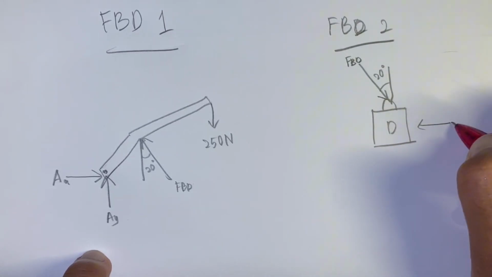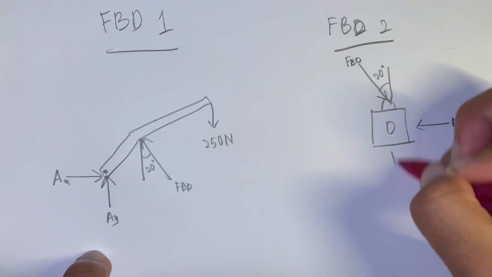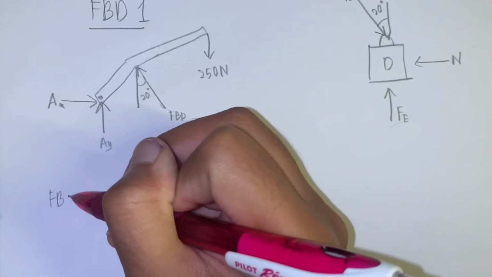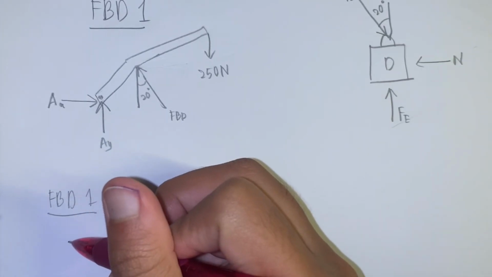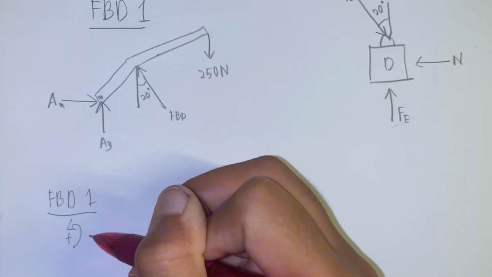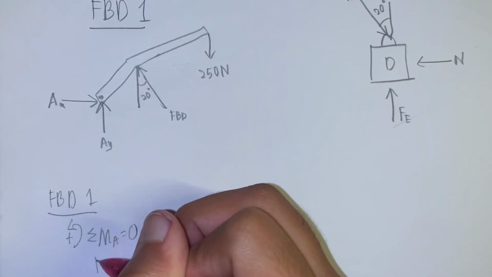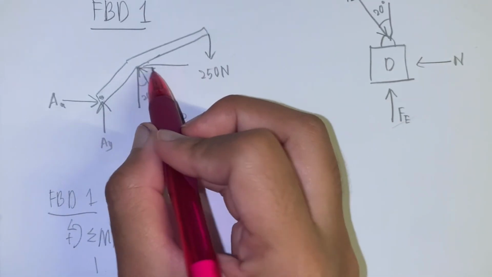In free body diagram 2, we have 3 unknowns, while in free body diagram 1, we have multiple unknowns. So, I could solve for free body diagram 1 first by taking the moments about point A. So, counterclockwise sum of moment at point A equal to 0. So, this is my horizontal member.